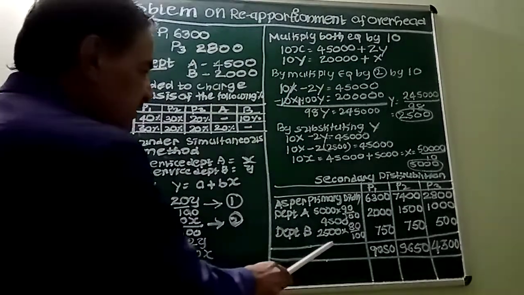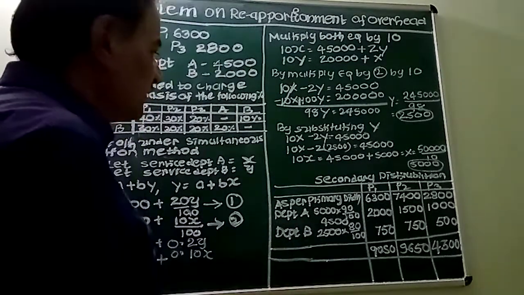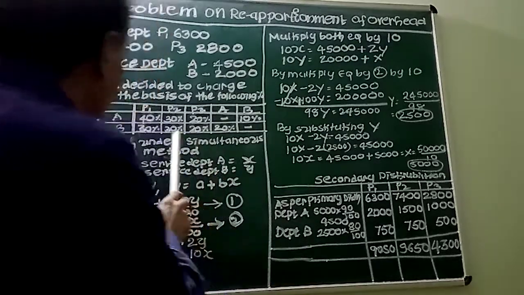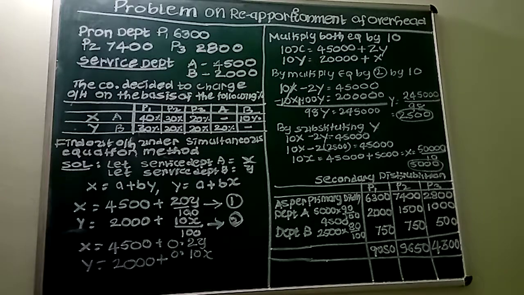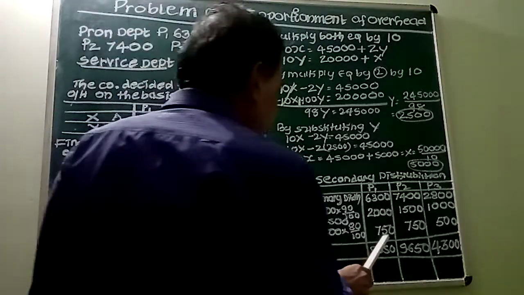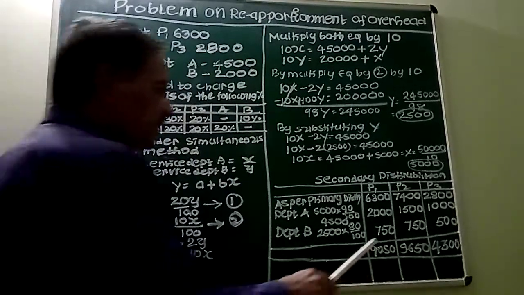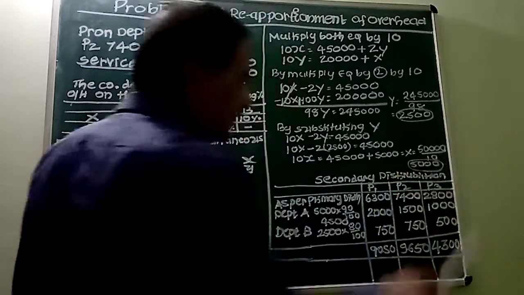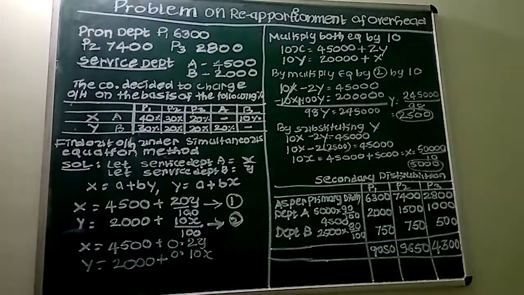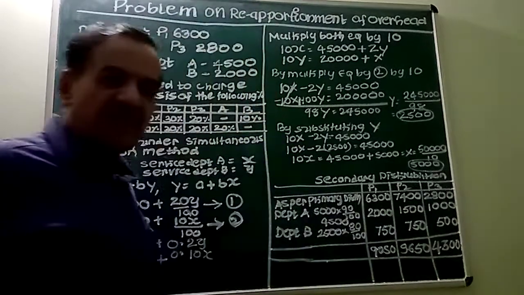That is 3 by 8, 3 by 8 and 2 by 8 of 2000. Then you total all the columns, you will get the total overheads.